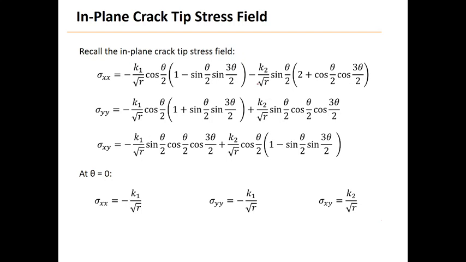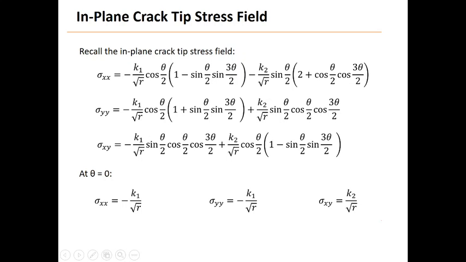So the second term of this sigma xx is going to be 0, because under mode 1 K2 is 0, and then we are only left with this term. Likewise, for sigma yy, the second term is going to go away as well. And over here as well, all the K2 terms are 0, so you're only left with the first term here.